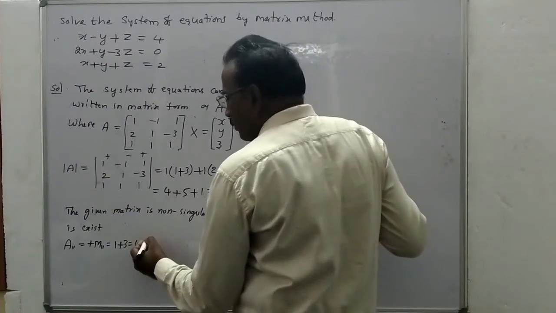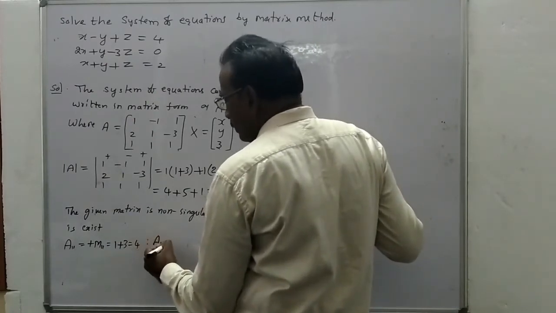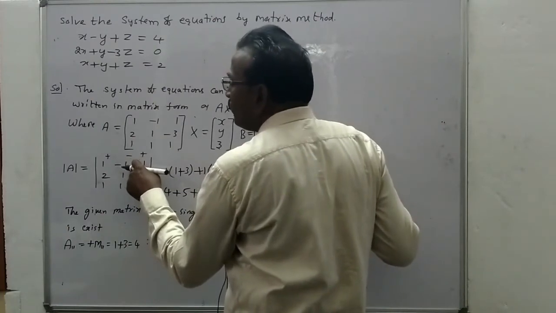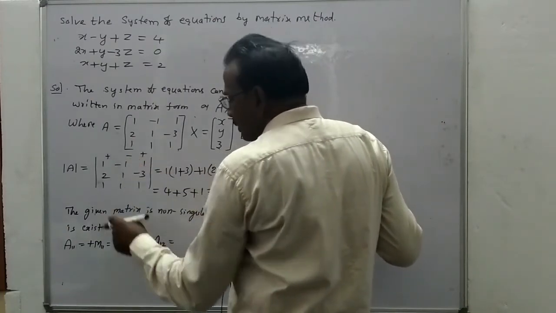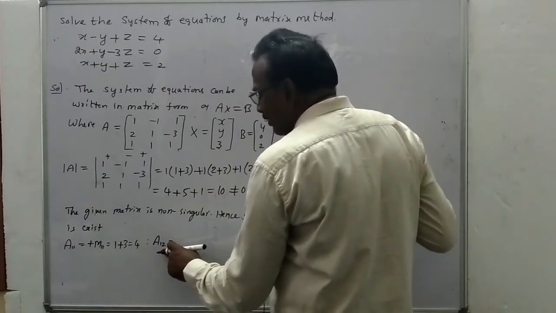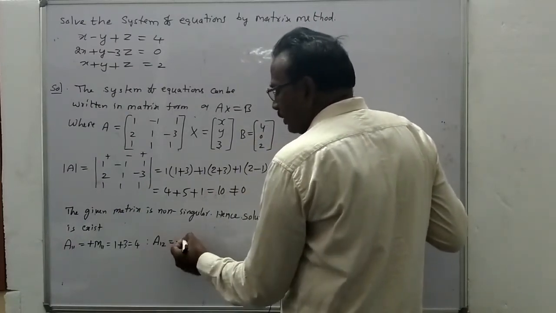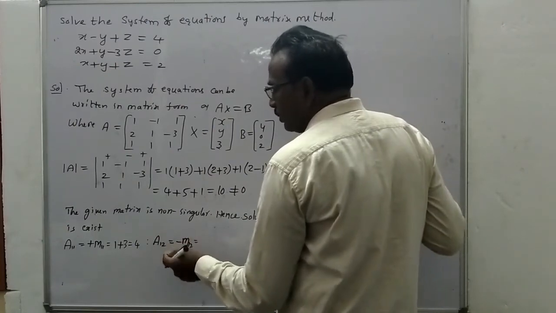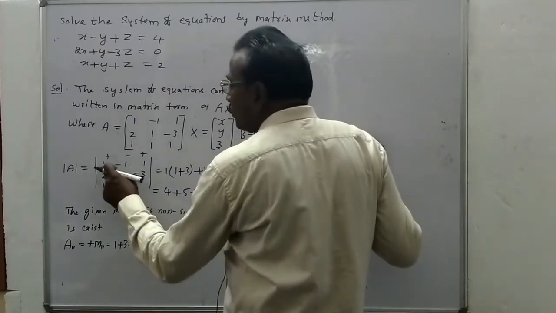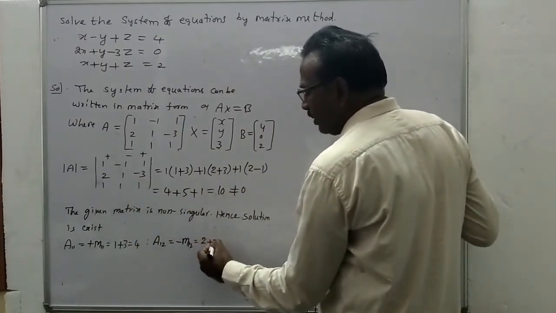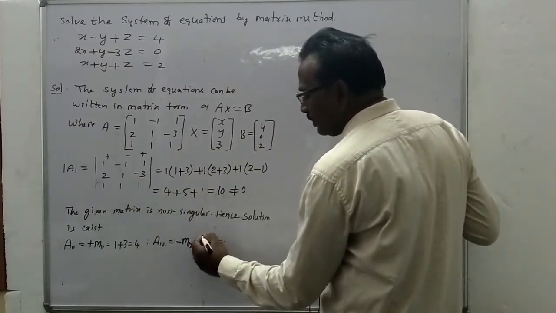Next, A12, that means the cofactor of minus 1. The sign is 1 plus 2, an odd number, so minus, times capital M12, which is obtained by deleting the first row and second column. 2 into 1 is 2, plus 3, the value is minus 5.